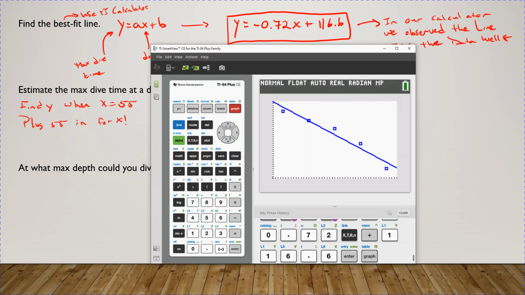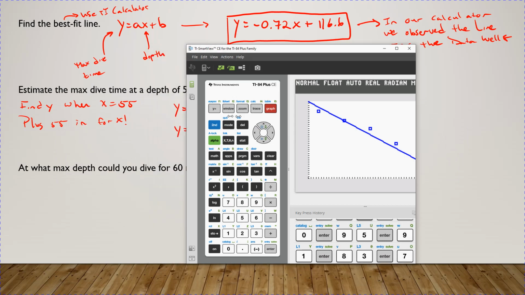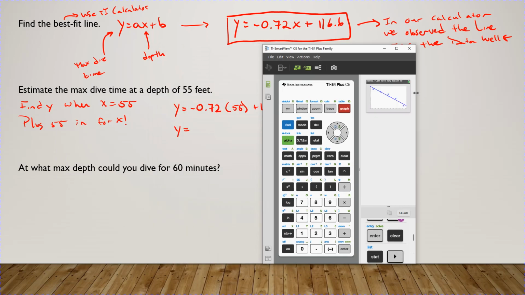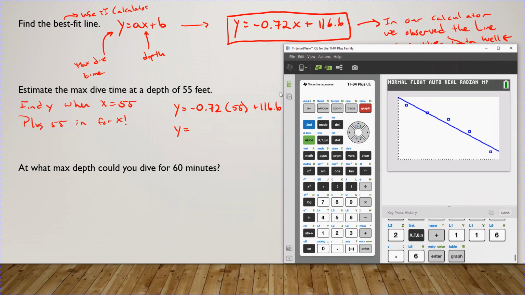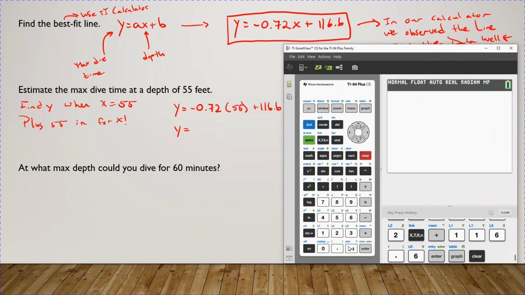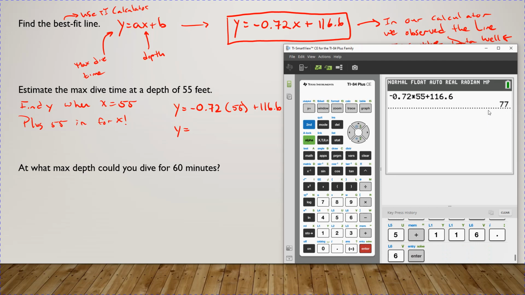Grab your calculator. So you're going to go minus 0.72 times 55 plus 116.6, and look at that, 77.